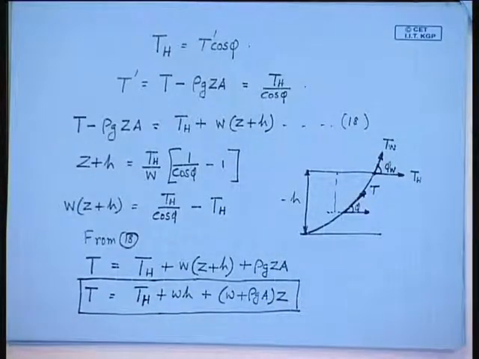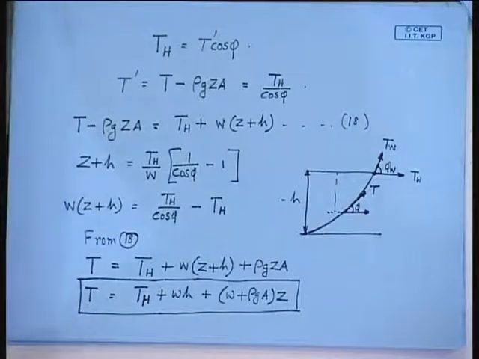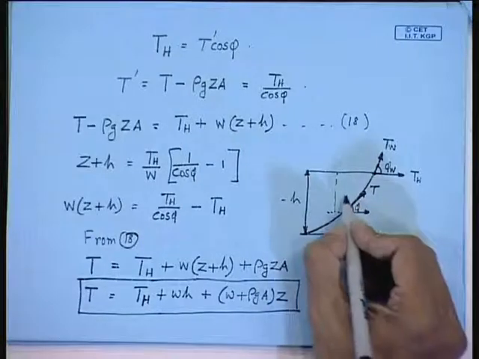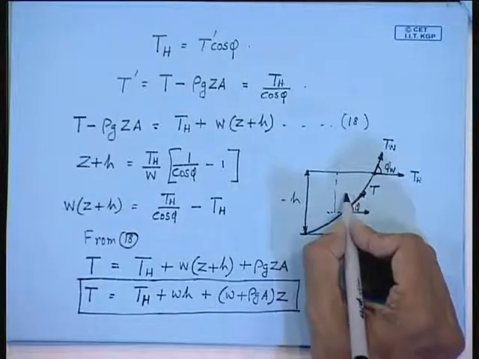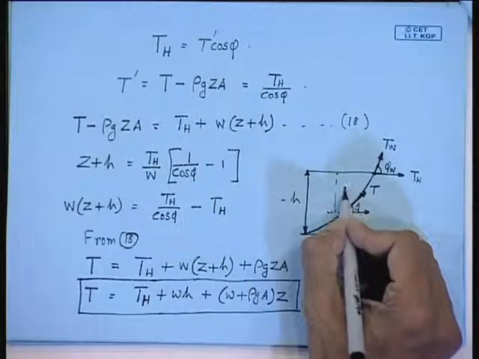Now you find out the other point, T_Z, and then the parameter is the minimum length of the chain cable. Your Z direction is in the upward direction, you find out the vertical component.